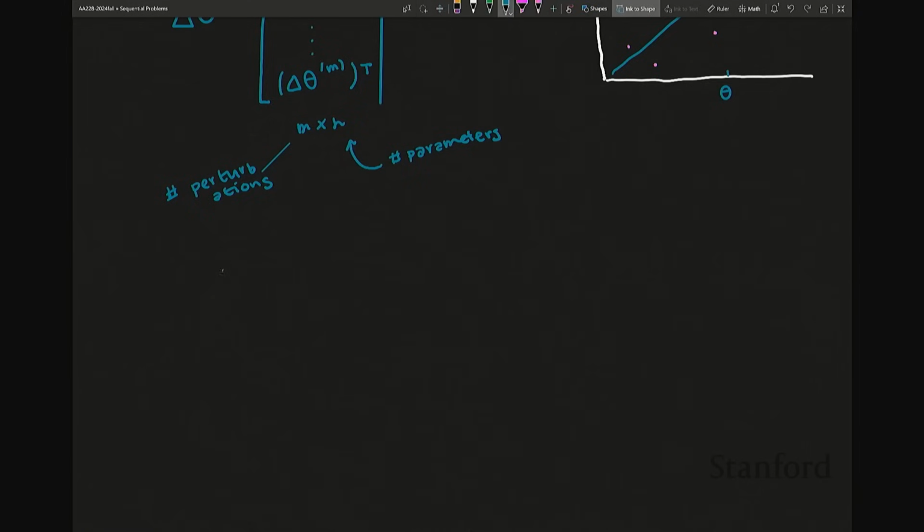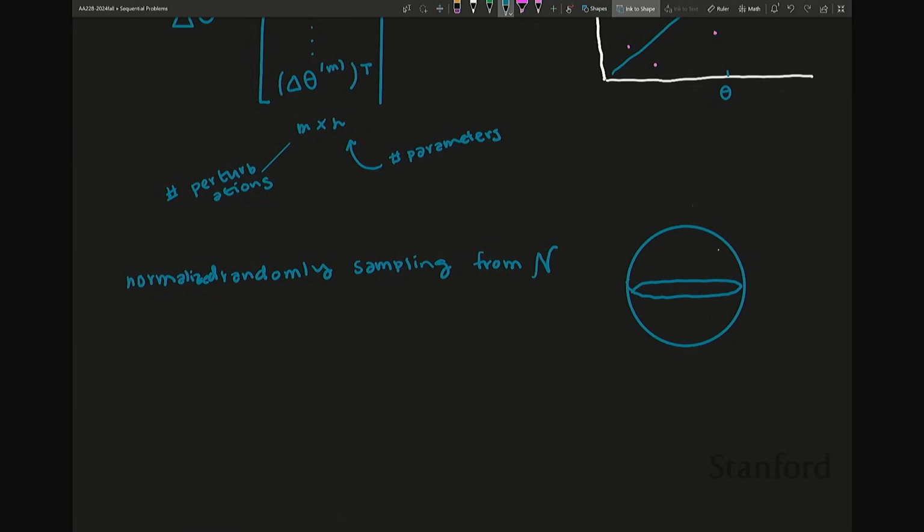And then the way that we get the perturbations is also something where there's no one analytical option that's best, but empirically we find that randomly sampling from the normal distribution works well, and these are also going to be normalized random samples. So you can visualize that as though we have a sphere and we're sampling points along the surface. And so those would be what the perturbations are.